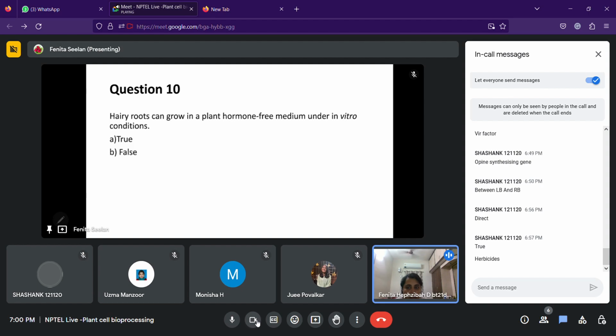What would be the answer? Hairy roots can grow in plant growth hormone-free medium under in vitro conditions. Is the statement true or false?